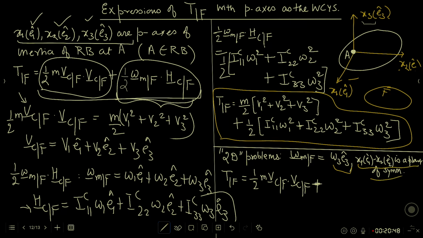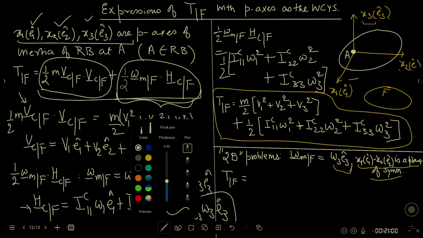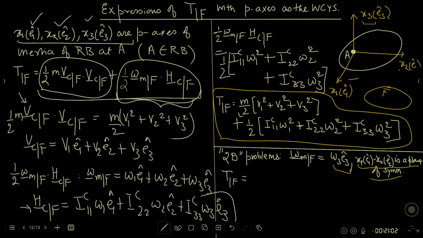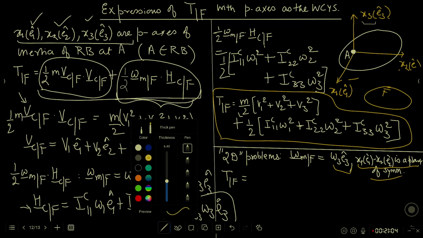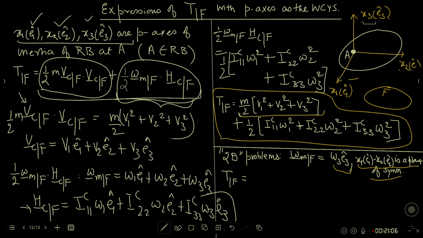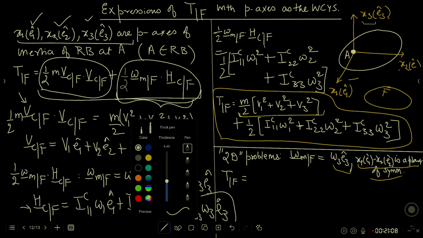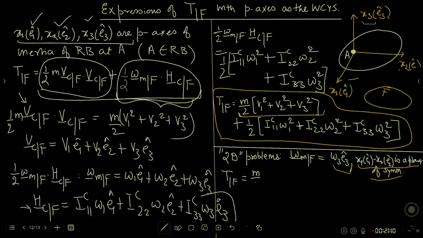The first thing that you see here, that will not have V3 because it would be planar motion, so you will have m by 2 V1 square plus V2 square. And the other contribution that is coming from the angular momentum and the angular velocity, you will have only one term, IC33 omega 3 square.